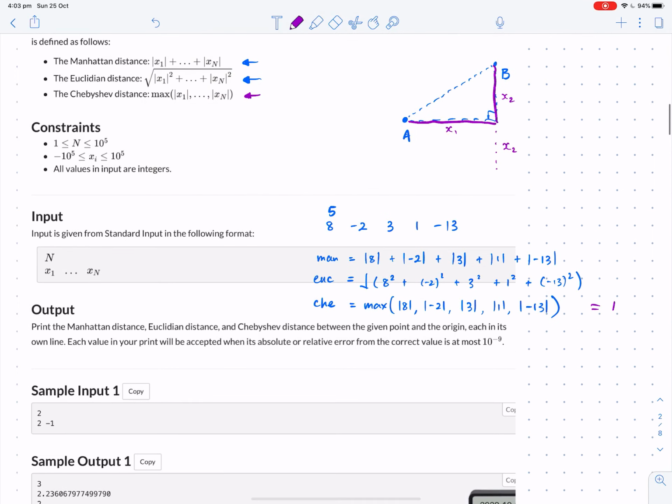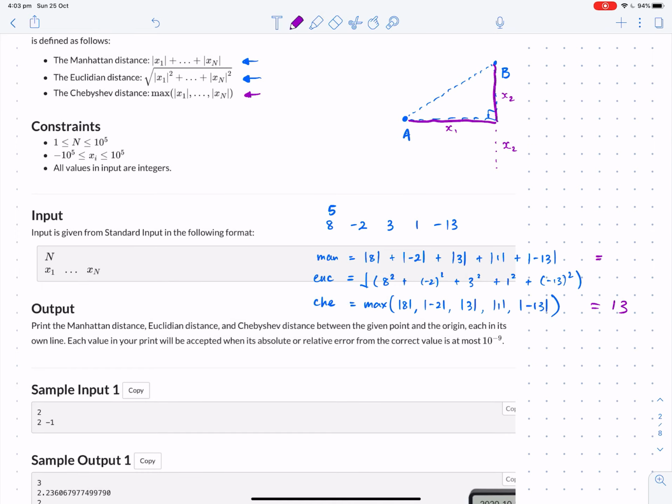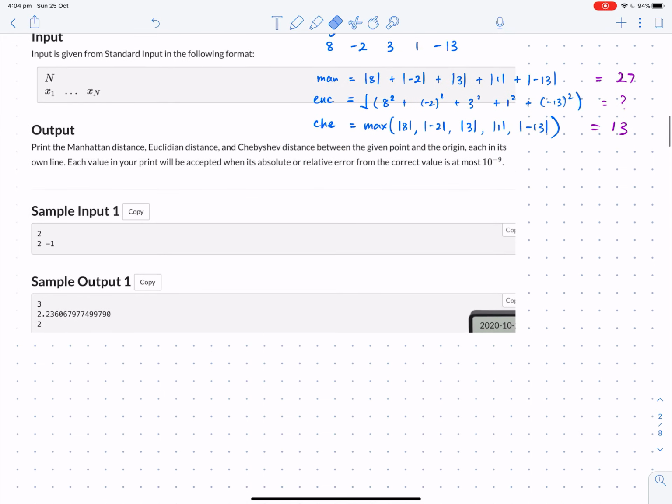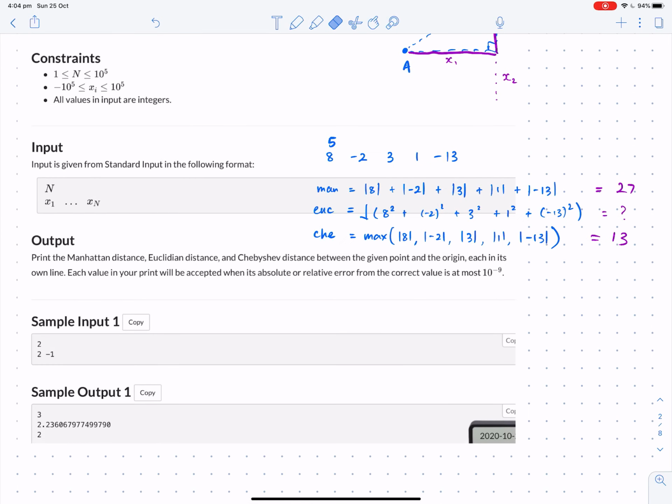So this is going to be 13. The Manhattan one is easy enough to add up: 13 plus 1 is 14, plus 3 is 17, plus 2 is 19, plus 8 is 27. And the Euclidean distance, well, I can't do that in my head. Sample input 1 only has 2 input values, so you can't get much of an idea from that.